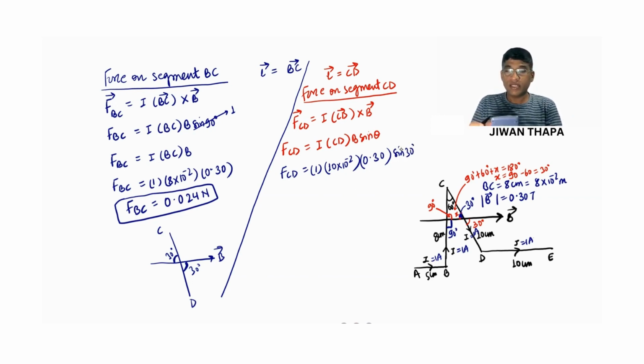Now let's find this value. So force on segment CD in magnitude is 0.015 Newton.